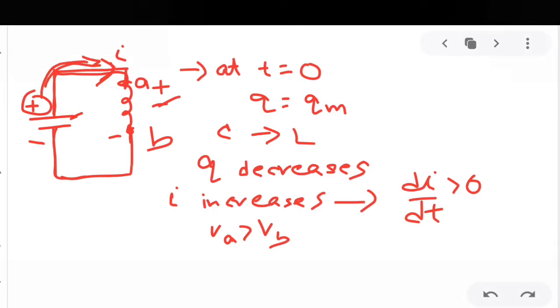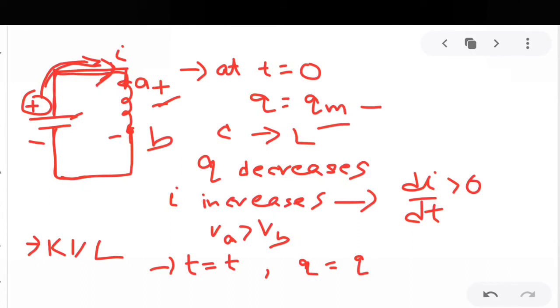Now let us apply Kirchhoff voltage law, KVL, to this loop. Initially the charge is Qm, but after some time, at time t, the charge is Q. Initially it was Qm, the maximum charge, now it has decreased to Q. We'll start from this point and go in this direction.